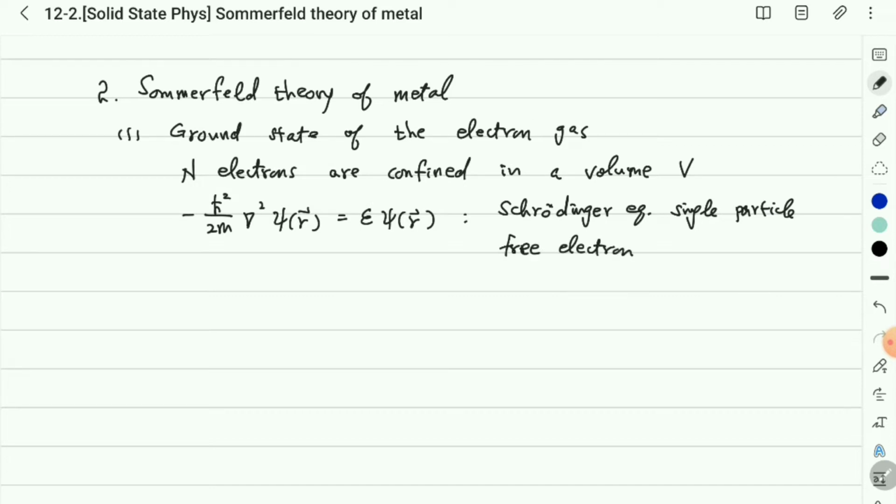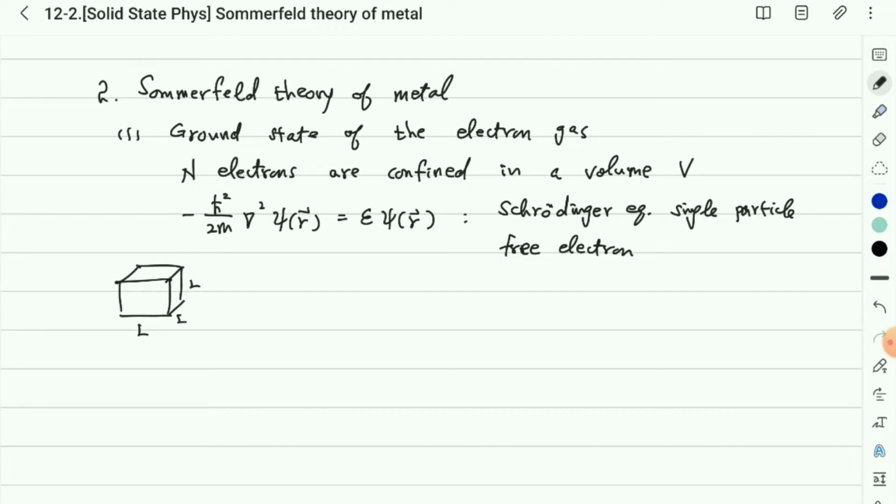A single particle free electron should satisfy the Schrödinger equation. Here we assume that it is confined in a box with length L, let's think of a cube. The N electrons do not interact with each other, and there is no potential. They move freely, and they are confined in a cube box.